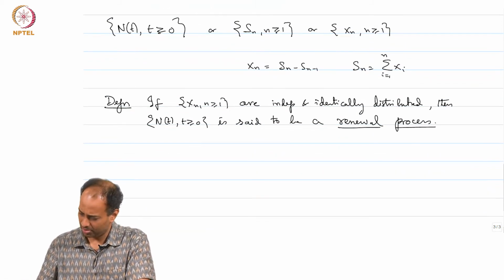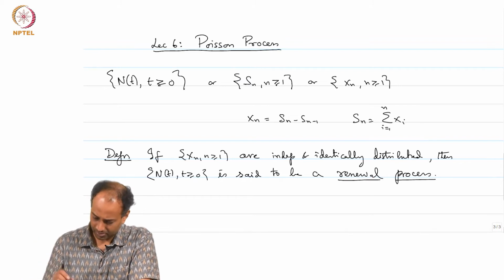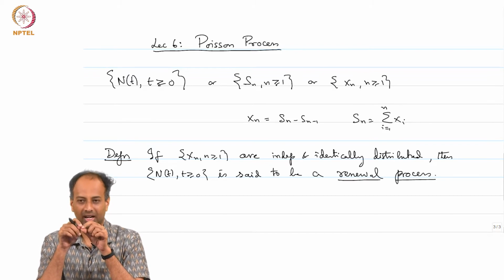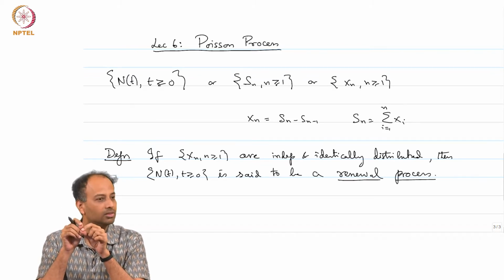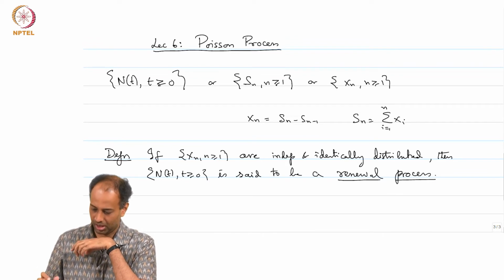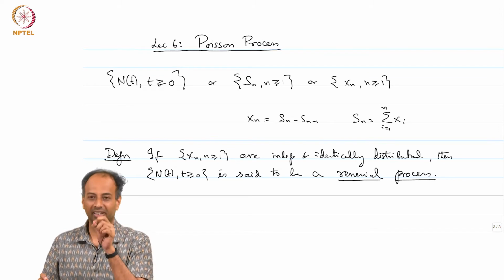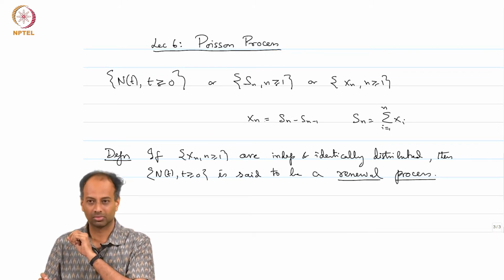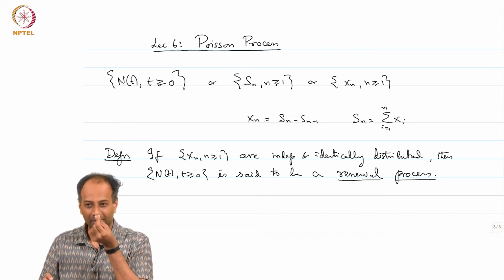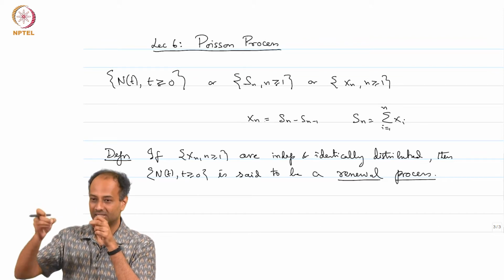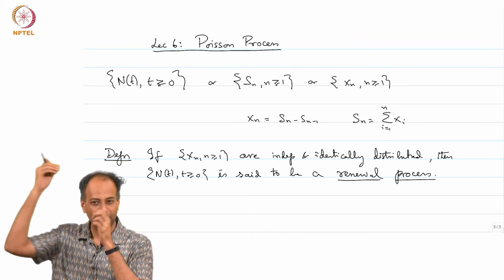By the way, I should make a remark that throughout we assume that 2 arrivals occurring at the same time has 0 probability. So we will assume that X_n is greater than 0 with probability 1. The probability that an inter-arrival time is equal to 0 is 0. So with probability 1 you will have distinctly separated arrivals; you do not have two arrivals at the same point.